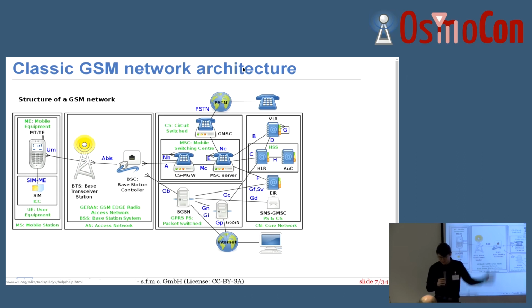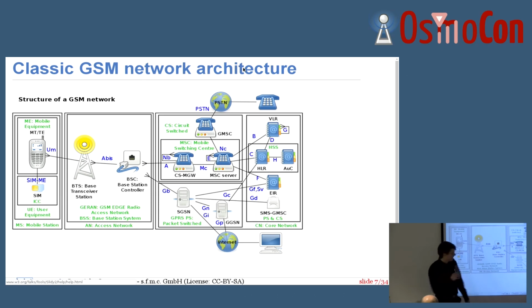So this is the classic GSM architecture as it exists. It has lots and lots of elements. You have a distributed network, and what's important to understand if you have no prior exposure is that there's not one protocol stack, but a separate protocol stack on each of the interfaces between two elements.